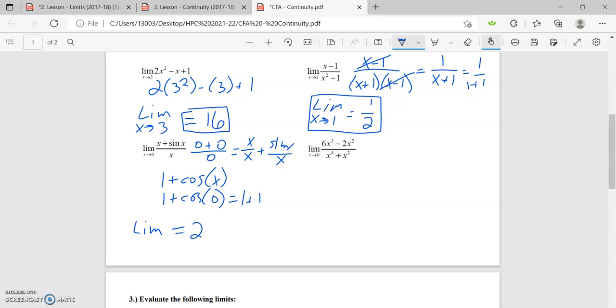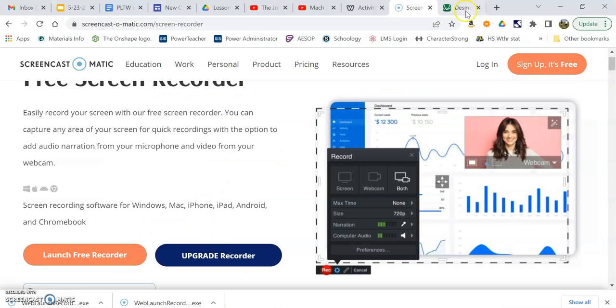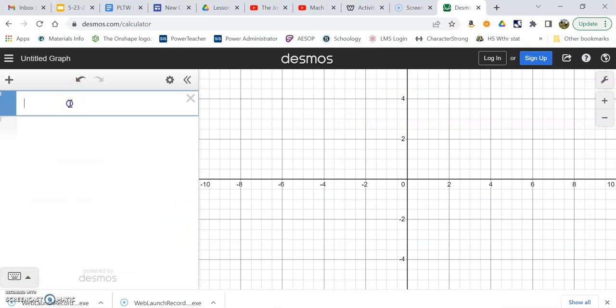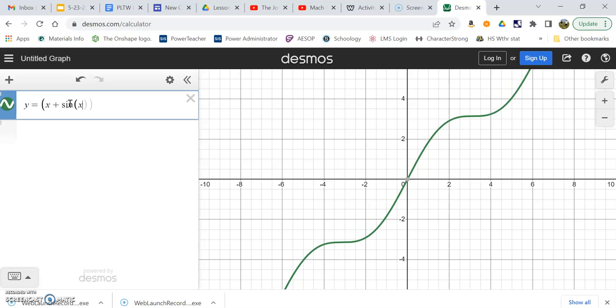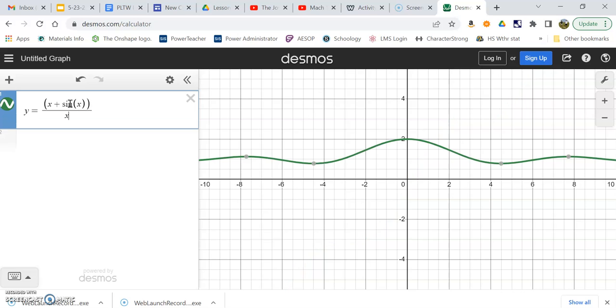So let's check that. I'm pretty confident, but let's try this: x plus sine x over x. I want decimals. There we go. y equals x plus sine x over x. Okay, there it is.